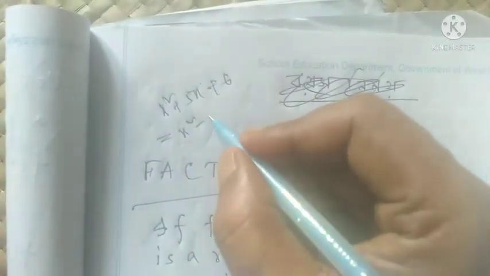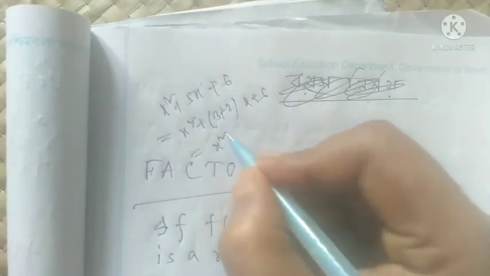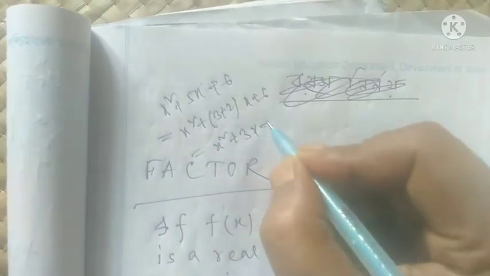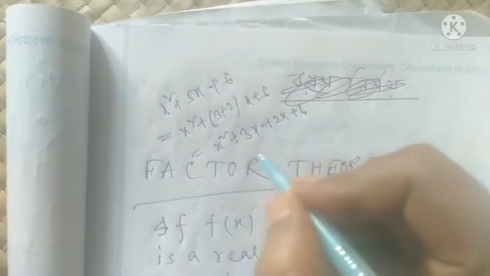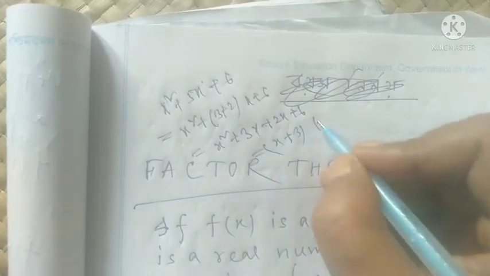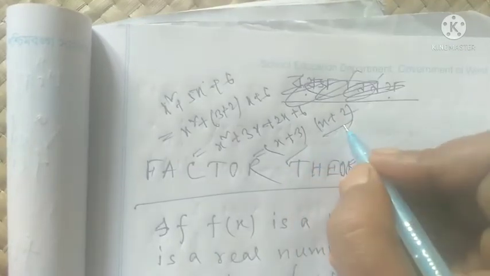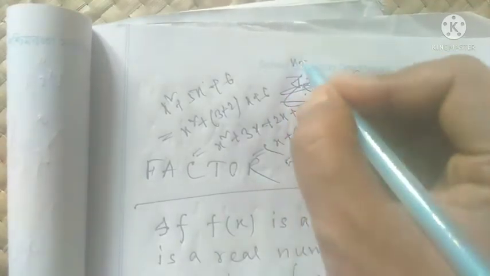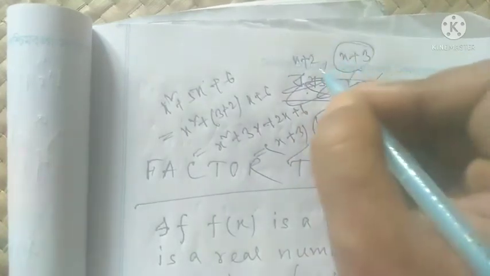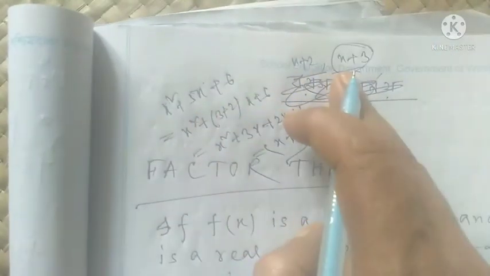If you factorize, then x square plus 3x plus 2x plus 6, and the next line will be x plus 3 and x plus 2. So here are two polynomials, x plus 3 and x plus 2. Both are factors of this polynomial.